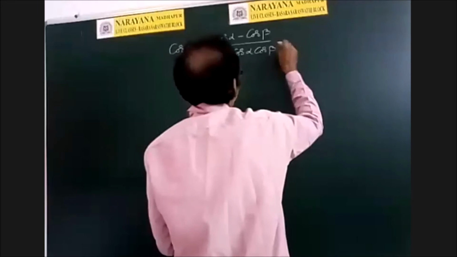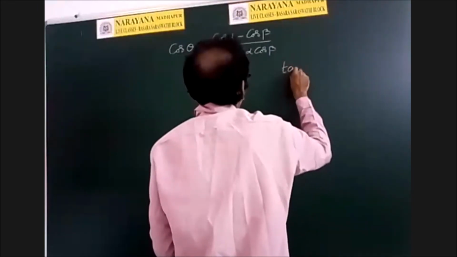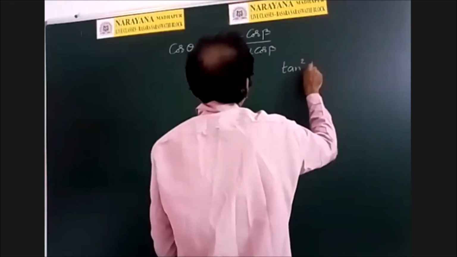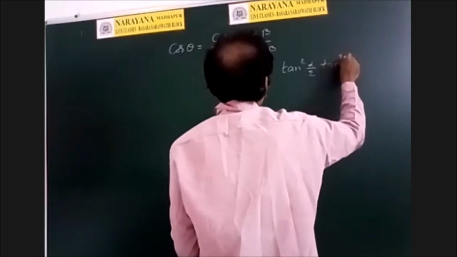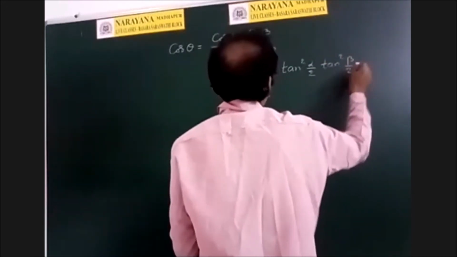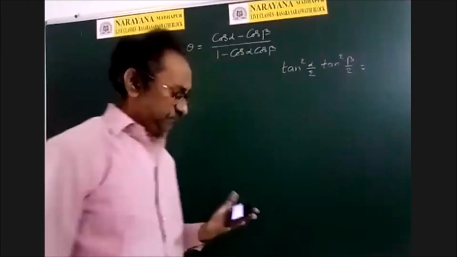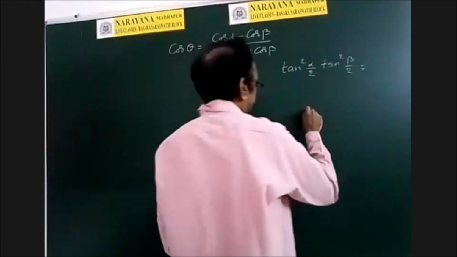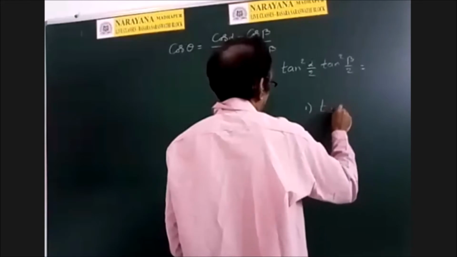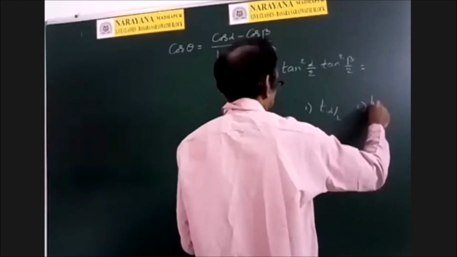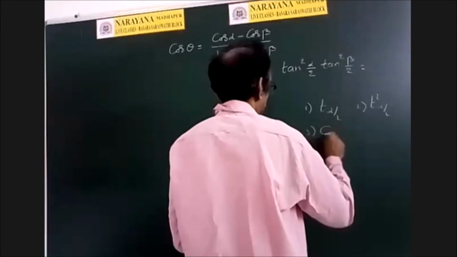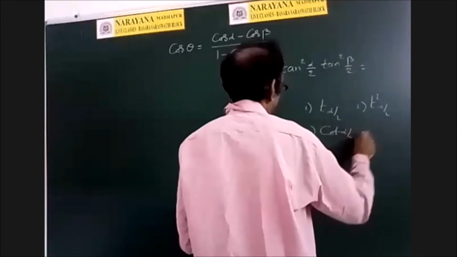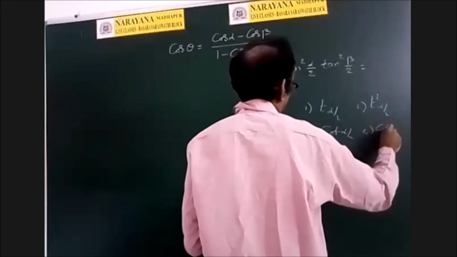Then what is tan square alpha by 2 tan square beta by 2? So what is the answer? The options are tan alpha by 2, tan square alpha by 2, cot alpha by 2, cot square alpha by 2.